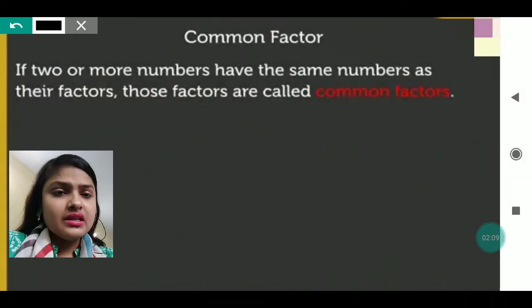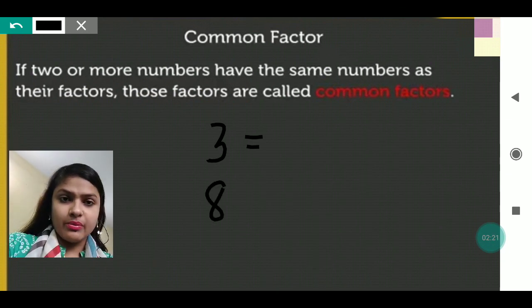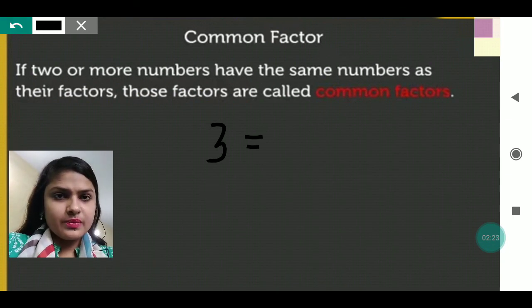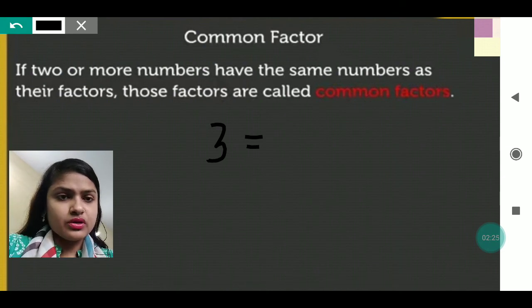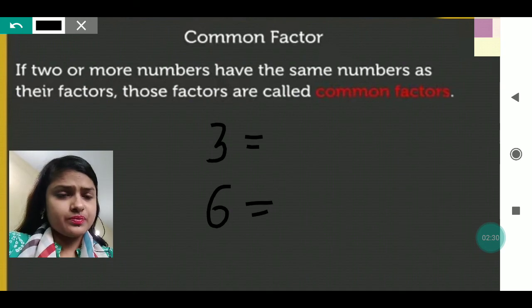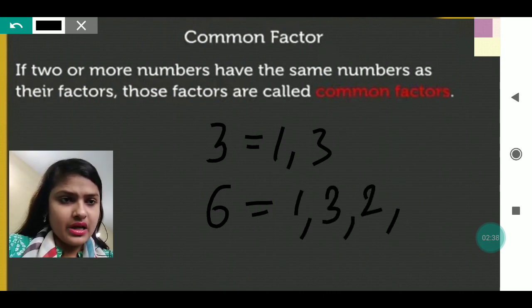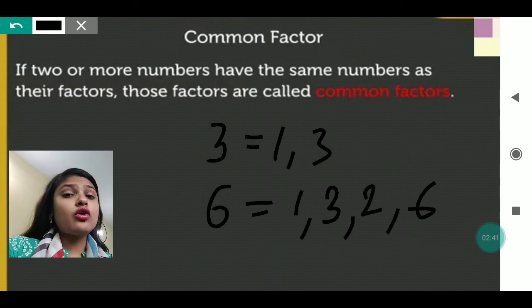Giving an example, suppose 3 is one of the numbers and suppose 6 is the other number. Two numbers we have taken. Now, factors of 3 will be 1 and 3, whereas the factors of 6 will be 1, 3, 2 and 6. What is the common factor in them?